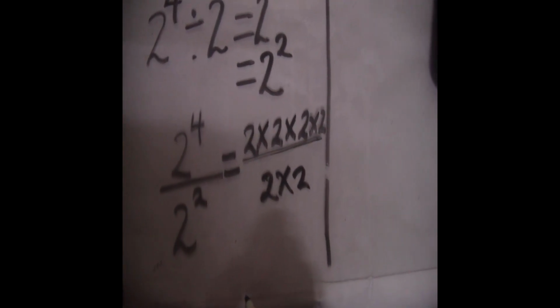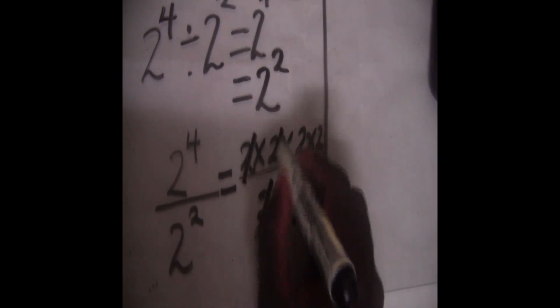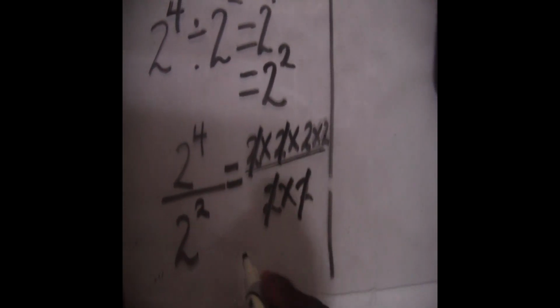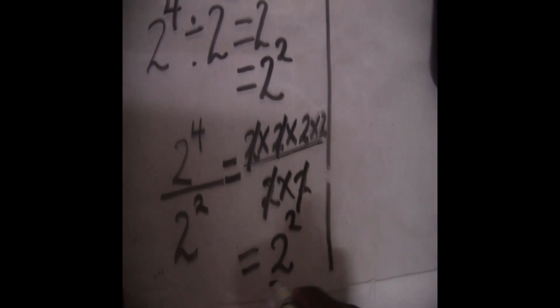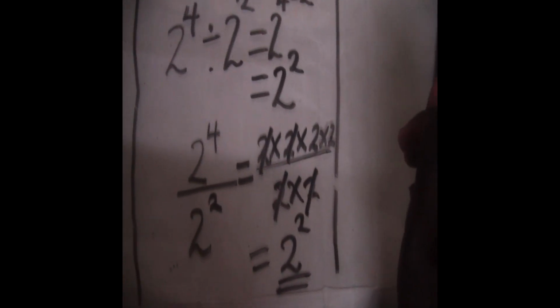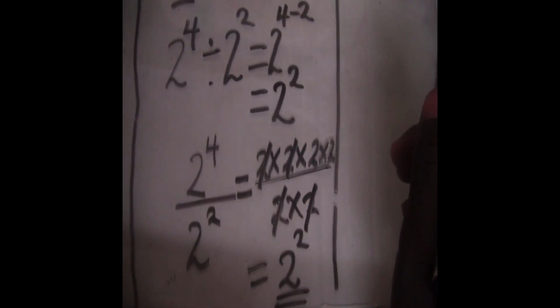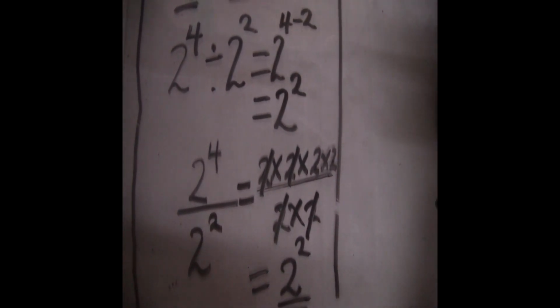So when you cancel, we'll cancel this 2, and this one will cancel this one. We'll remain with 2 times 2, which is our answer, 2 raised to power 2. Track the index. So pause the video and look at the flow of the calculation.